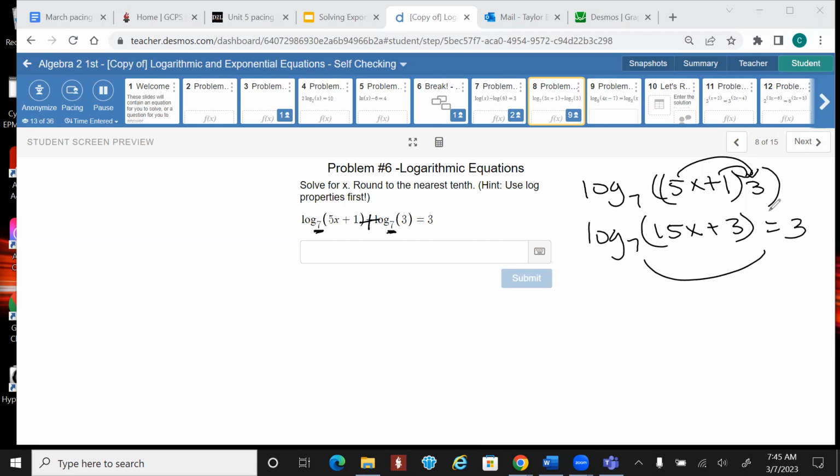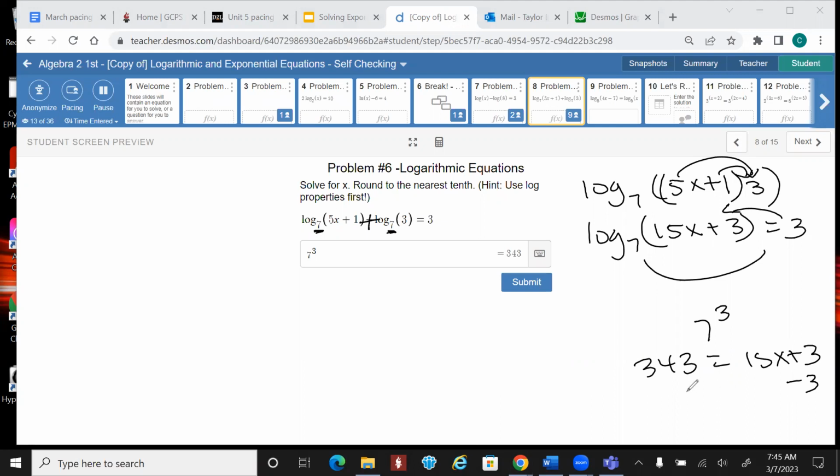And now we're going to do the circle of life. And 7 to the third power is going to give me 343. So this is going to give me 343 is equal to 15x plus 3.